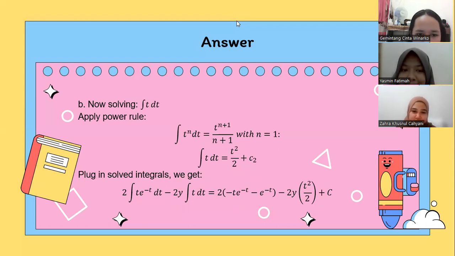Plugging in the solved integrals, we get 2 integral t e power minus t dt minus 2y integral t dt is equal to 2 multiplied by minus t e power negative t minus e power negative t minus 2y multiplied by t power 2 over 2 plus c.